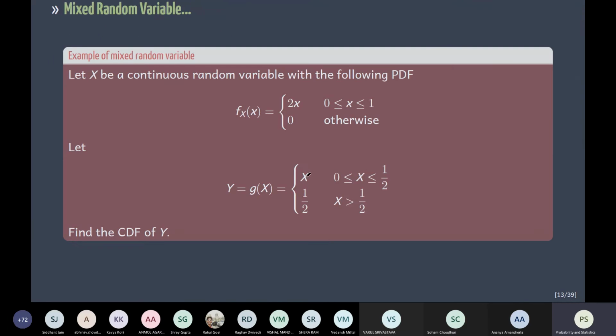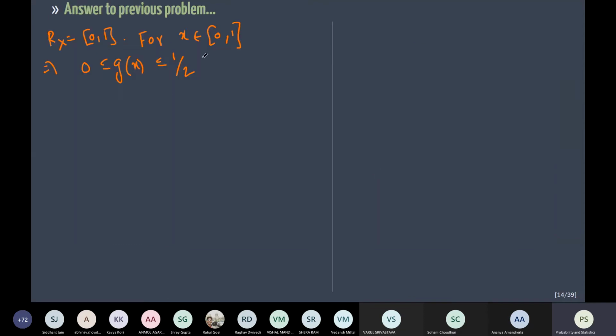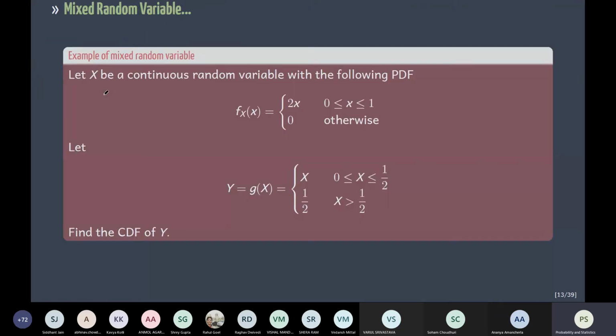This is the case because of the identity here, so it's exactly equal to x. Whatever value x is taking, the same value g of x is taking. So g of x is also lying between 0 and half. What is the range of y, then? What values is y possibly taking?